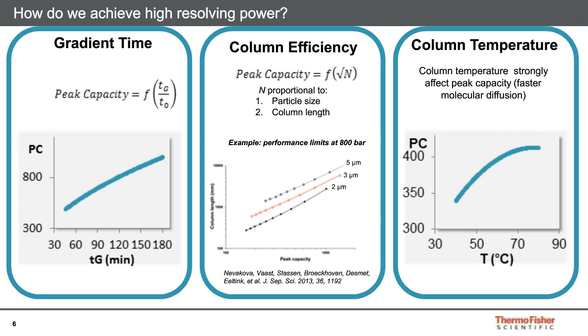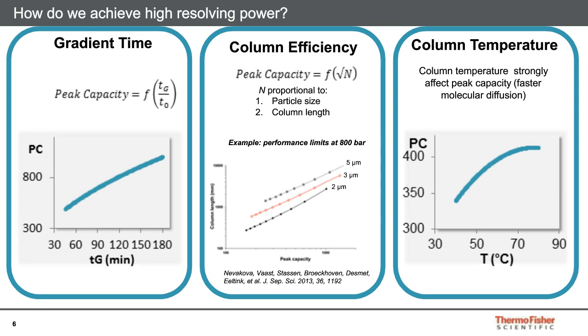However, we cannot invest too much time in the biopharma environment. Therefore, we are a little bit limited in changing this parameter. The other one is the column efficiency. So the peak capacity is a function of the square root of the theoretical plates of the column. Therefore, you need columns packed with small particles and possibly long columns.